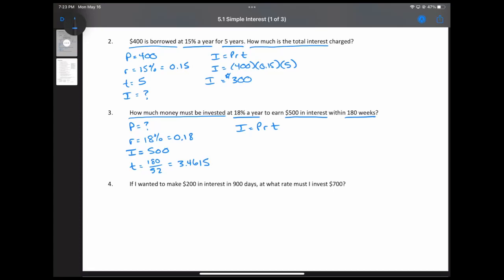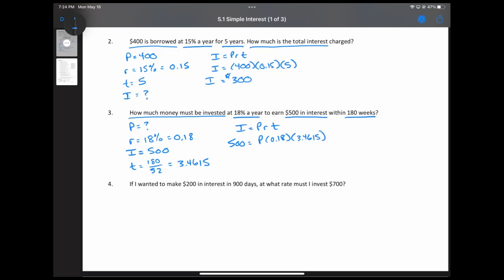Now in this case, we have a different unknown than we had in question 2, but that's okay. We just fill in the things we know and leave the things we don't know as variables. So I'll plug in 500 for I, P stays P, times 0.18 times 3.4615.